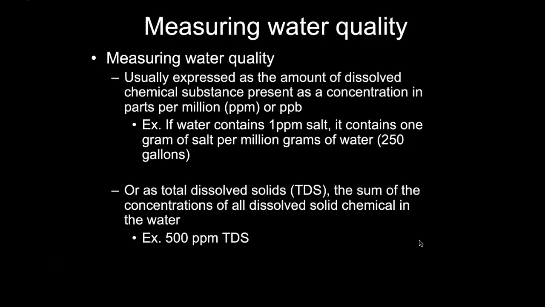An example would be if water contains 1 part per million of salt, it contains 1 gram of salt per million grams of water. Or we can look at it as a whole, like the total of the dissolved solids. That's the term TDS. So we may say that there's 500 parts per million total dissolved solids, and that would include everything, not just salt.